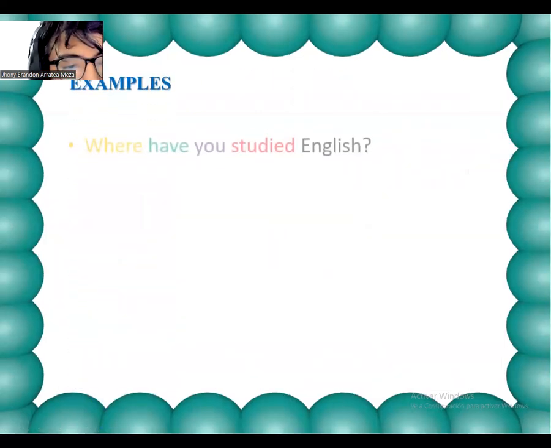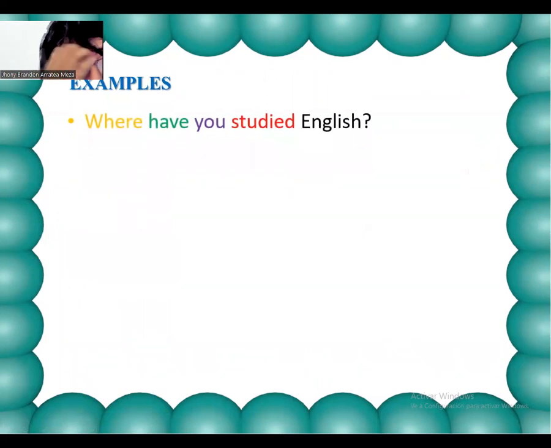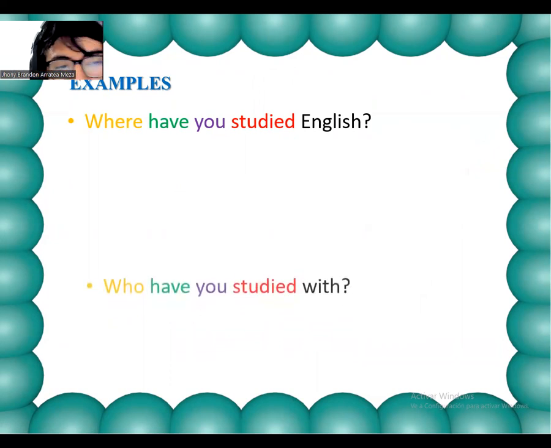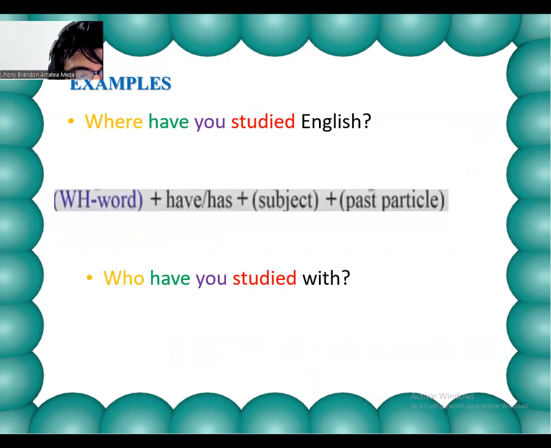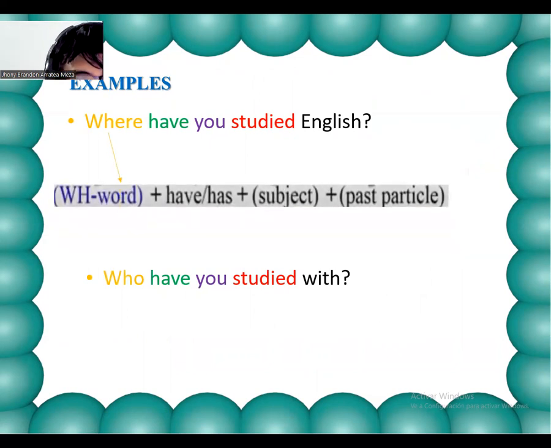Well, let's see some examples, students. Here we have a question. Where have you studied English? ¿Dónde has estudiado inglés? And we have another example. Who have you studied with? ¿Con quién has estudiado? Well, in this case, in the first sentence, we can see that the double H word is where.